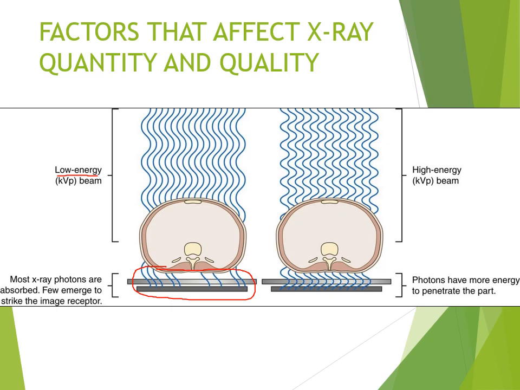A high KVP beam has short wavelengths, and it's going to be penetrating the patient, going through the patient, and more will reach the image receptor. So that's going to increase the beam quantity. When we consider beam quality, the term energy is quality. So a high quality beam also has high energy.